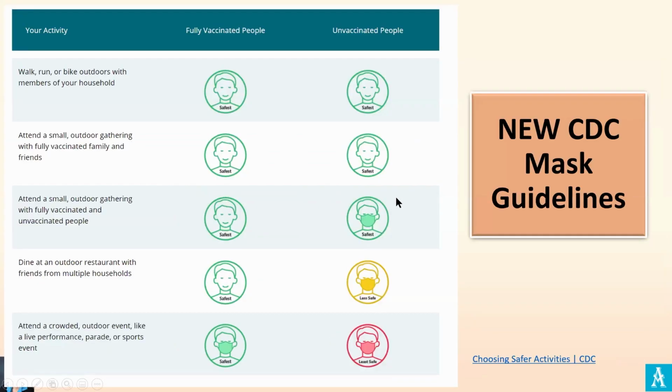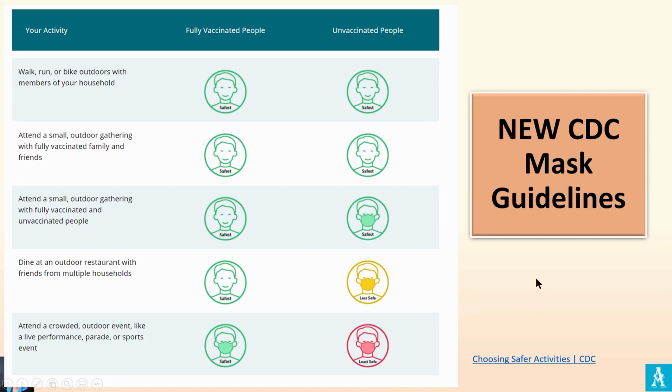But the good news is that if you are between friends and you want to be outdoors, they pretty much say you can basically remove the mask. If, of course, it's a very crowded outdoor event like a sports event, you still need to protect yourself. And for unvaccinated people, now they're saying if you're outdoors in a small outdoor gathering, you don't need to wear a mask. But otherwise, especially in crowded areas, you do need to wear a mask.